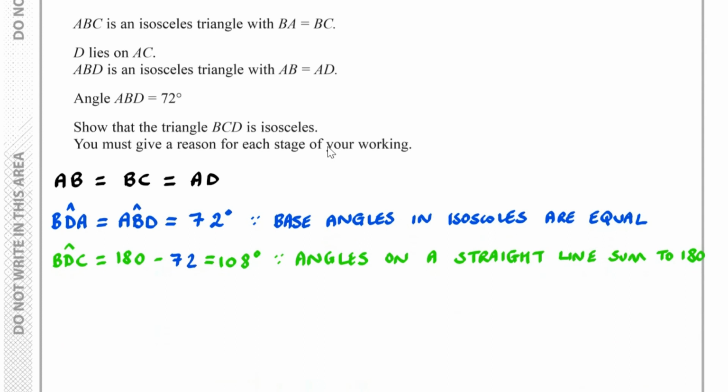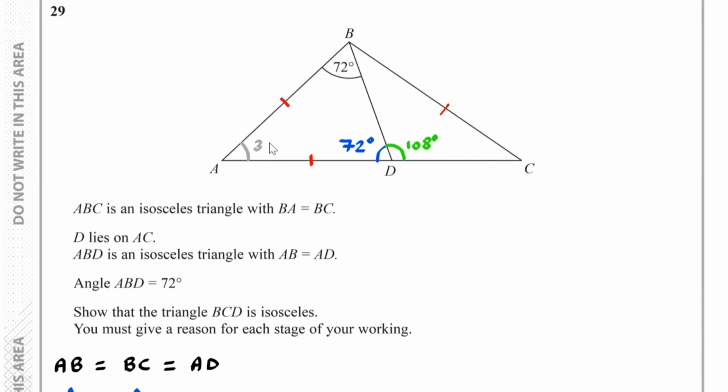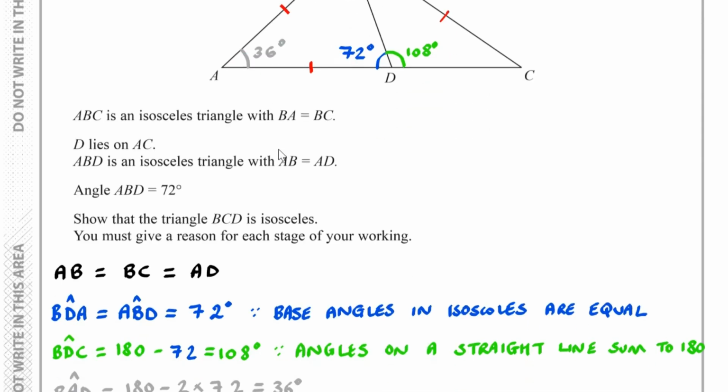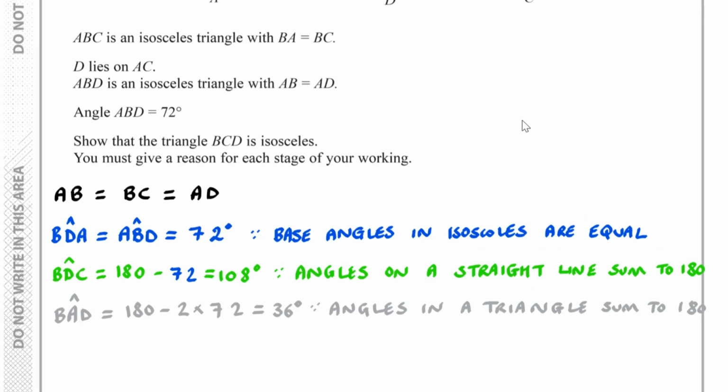So the angle BAD is equal to 180 subtract 2 times by 72, which is 36 degrees. So this angle here is 36 degrees, and the reason for that is because angles in a triangle sum to 180.